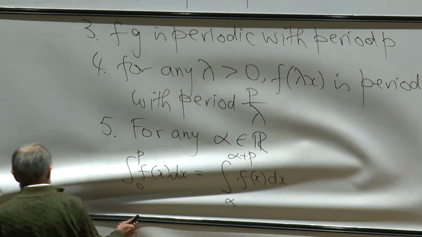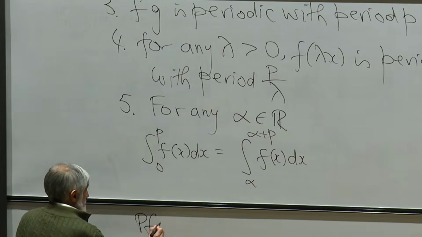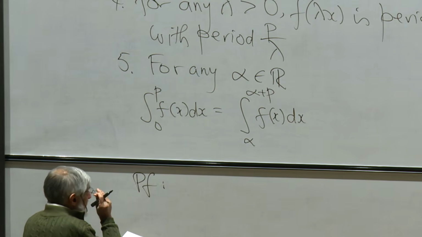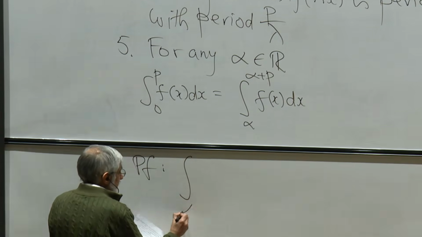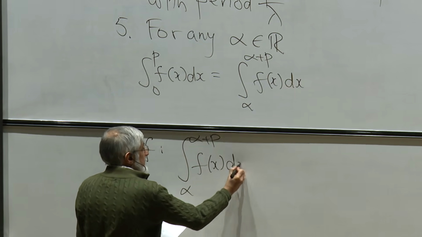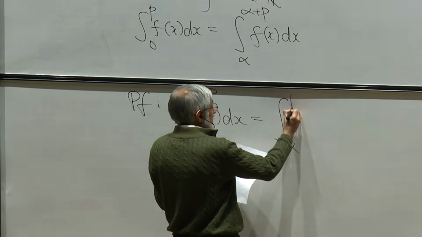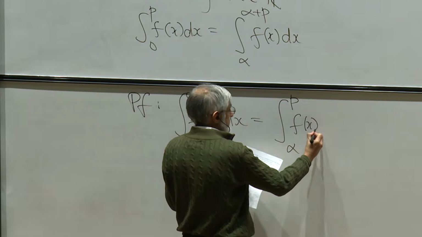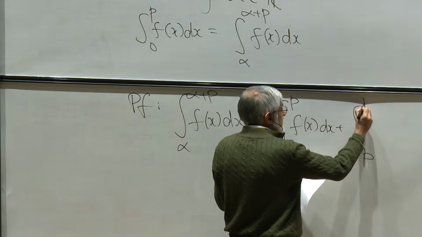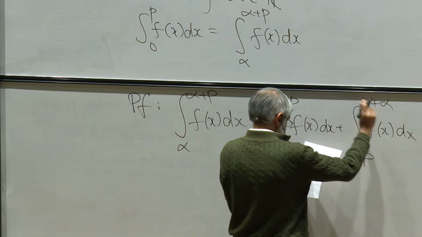And the proof of that: if we look at the integral from alpha to alpha plus p of f of x dx, well, that integral I can write as alpha to p of f of x plus p to p plus alpha of f of x dx.